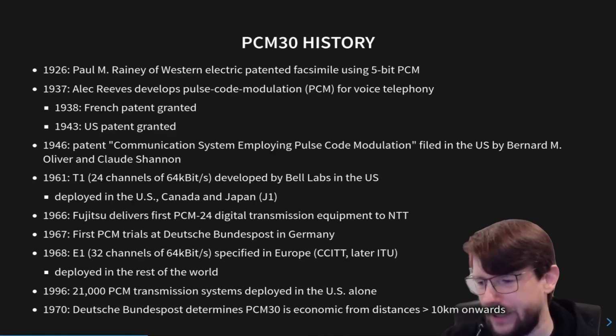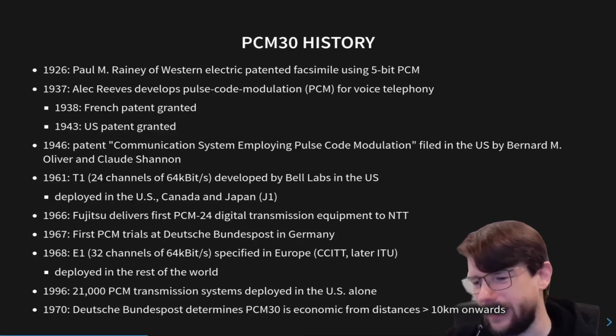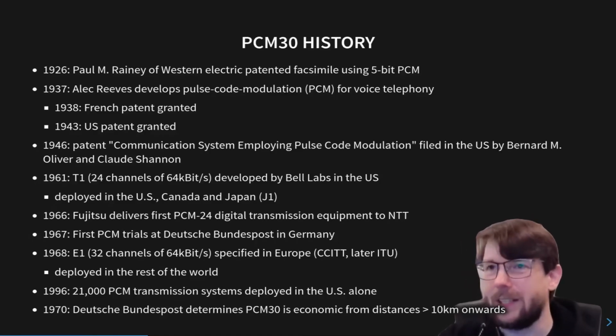So operationally, well, let's skip that. Back in the day, in 1970, briefly after the introduction or the tests in Germany, I found a reference that says, based on the cost of the equipment, it was economic to use PCM for distances larger than 10 kilometers.